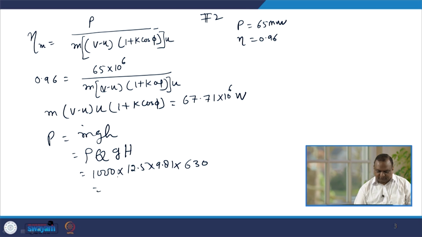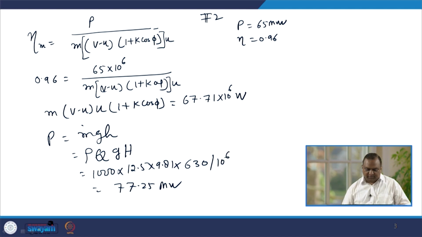So, this power is coming as 77.25 megawatt, if you divide it by 10 to power 6.